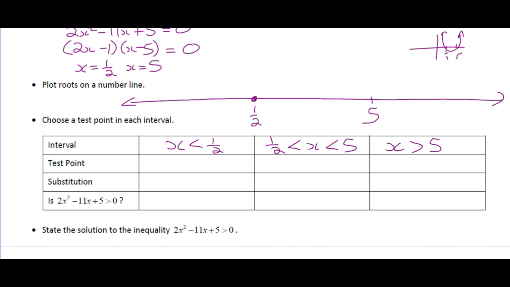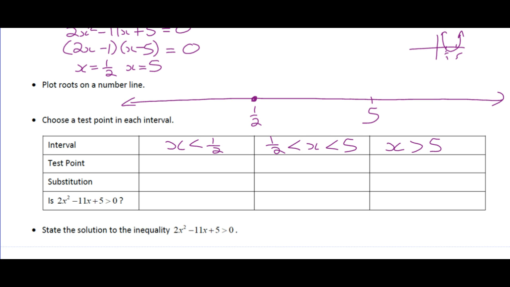When x is 1/2 or x is 5, y is equal to 0. So we don't need to test at those points. If I said x is less than or equal to 1/2, it's not true. At 1/2 it's 0, but less than 1/2.